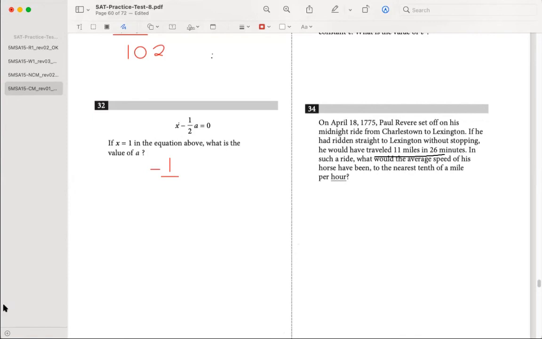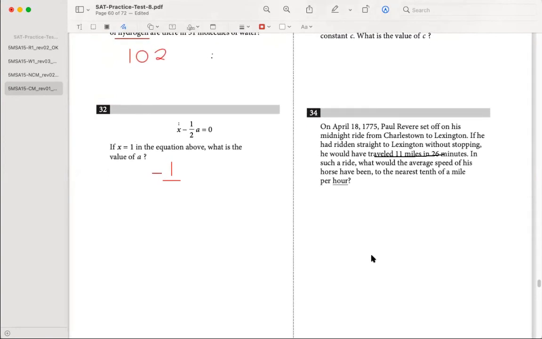Any takers? Okay, so he travels 11 miles in 26 minutes. How much will you travel?